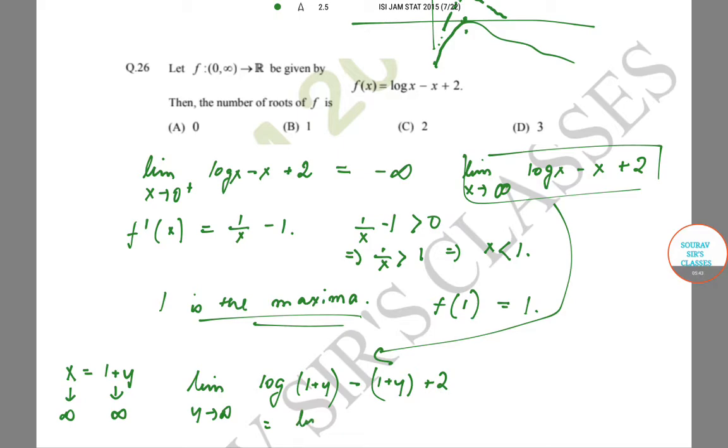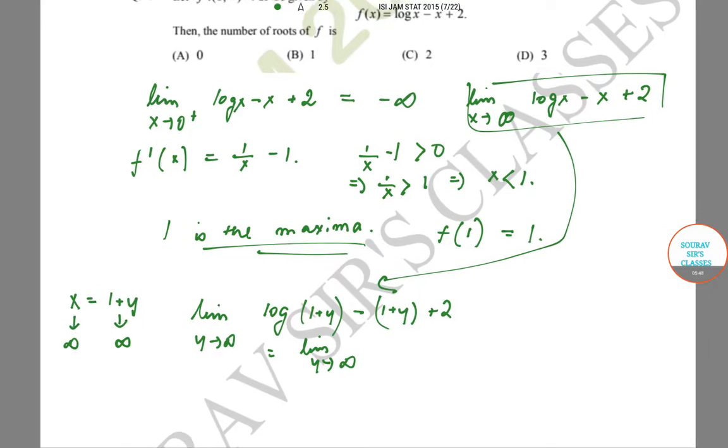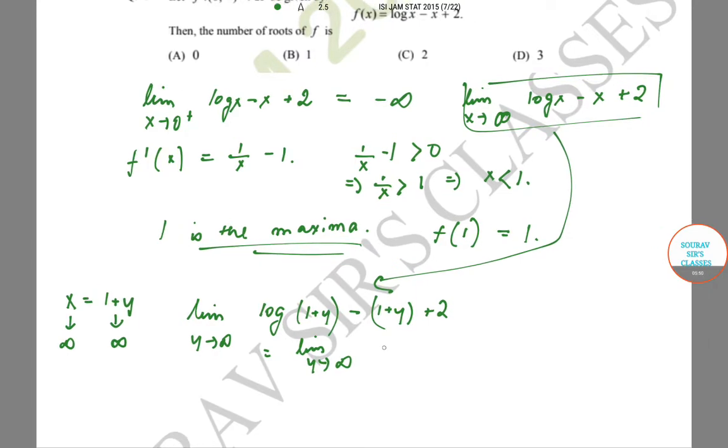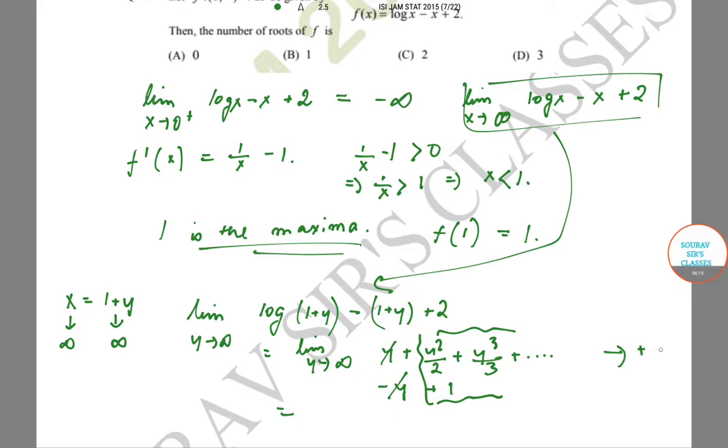But now we put the Taylor series expansion for log(1 plus y), and it is simply y plus y square by 2 plus y cube by 3 and so on. Now we have minus y plus 1, y and minus y get cancelled out, and this entire thing we know goes to plus infinity.